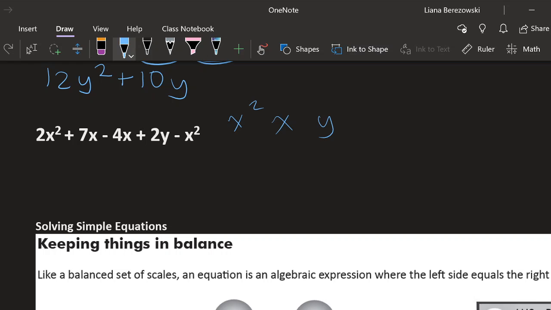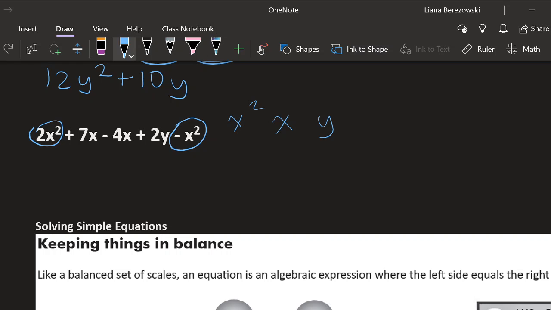So let's just start with the very first one, 2x squared, and let's find our other x squared. It's actually at the very end of the equation, and I have to take the sign in front of it as well. So that tells me that with my 2x squared, I'm subtracting x squared from it. Very important to keep those signs with the appropriate term. Remember that a variable without a number in front of it, without a coefficient, is taken to be 1.